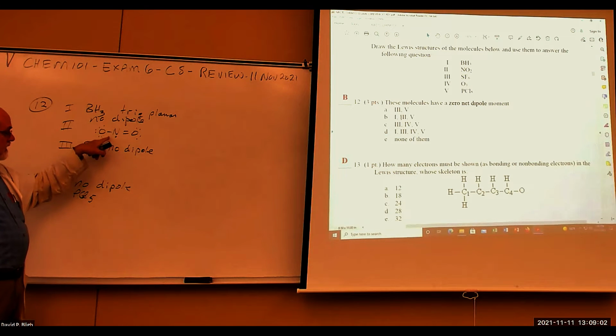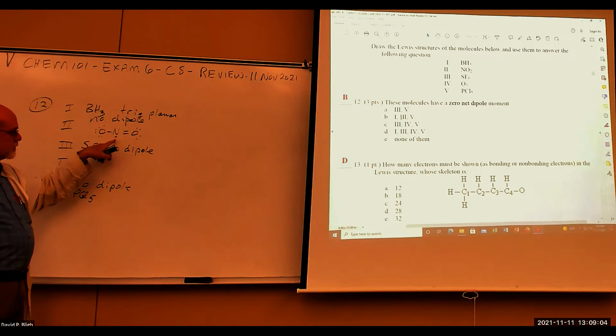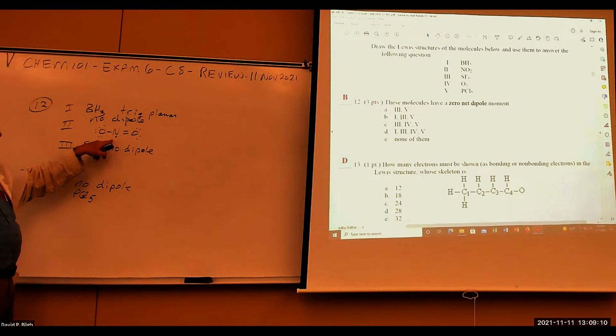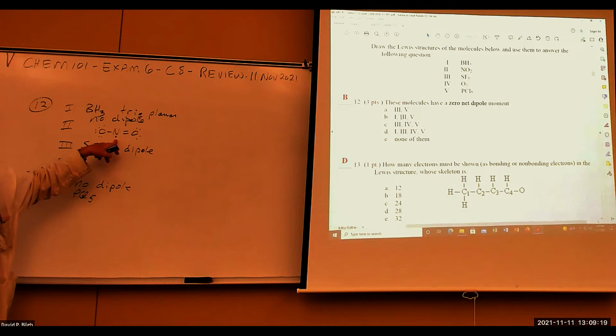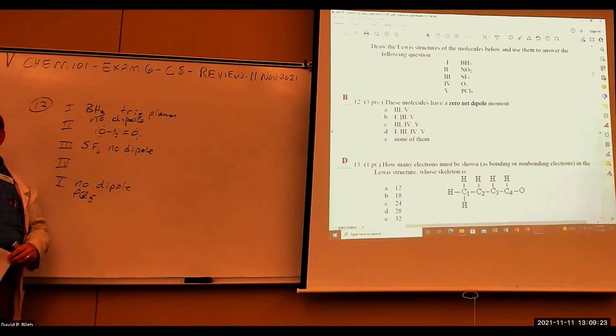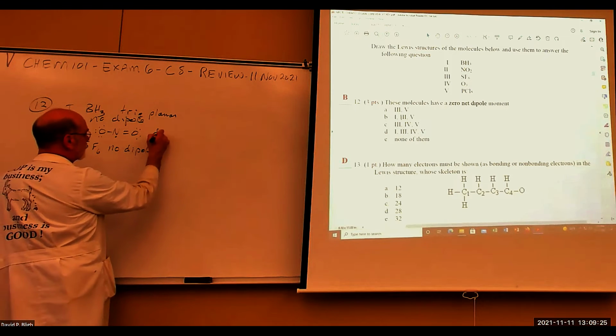So the problem here is that you've got 1, 2, 3 groups. Only that's a part of a group, so that's kind of weird. It would be trigonal planar, except that that's an odd electron, so it's bent. In which case, we do have a dipole. So you got a dipole with this one.